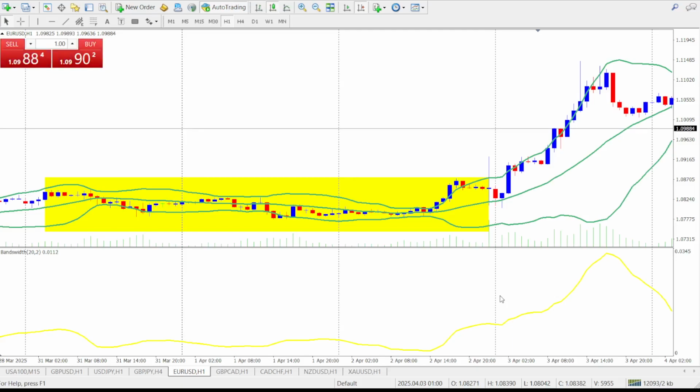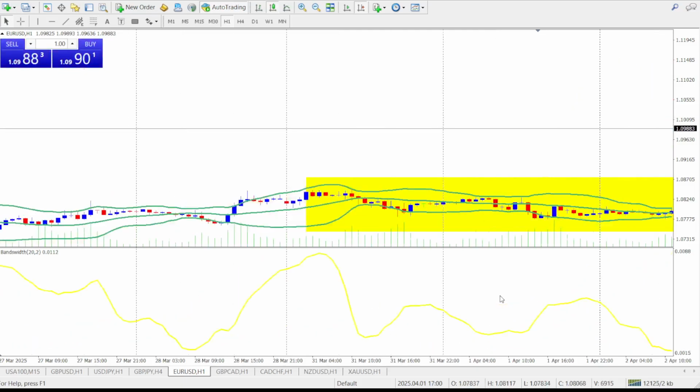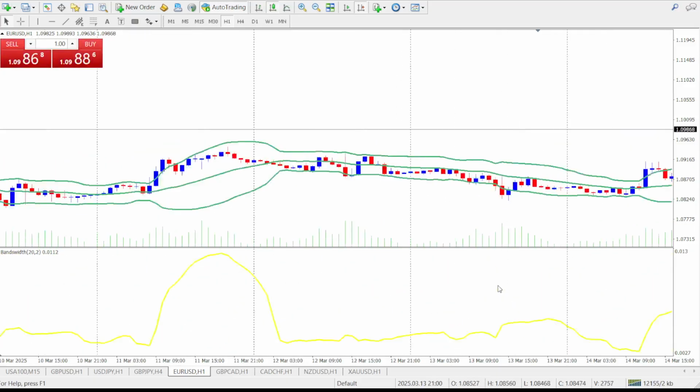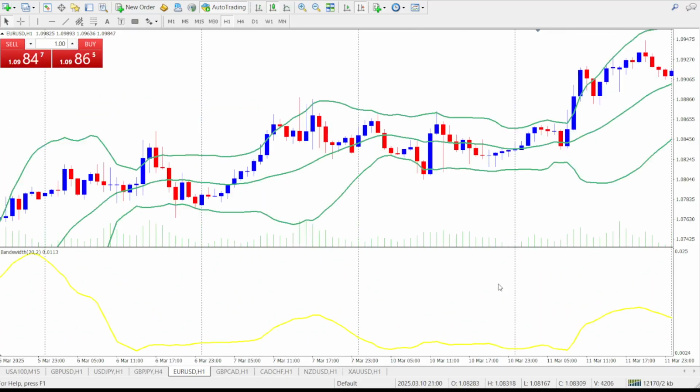One way to use this indicator is to look for patterns like double tops and double bottoms in the oscillator.